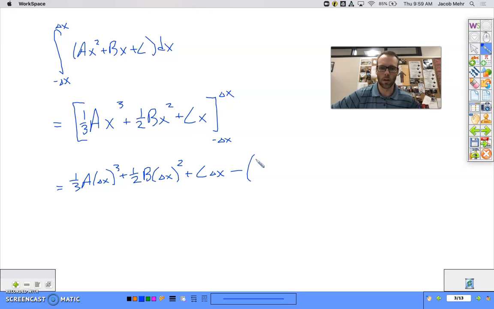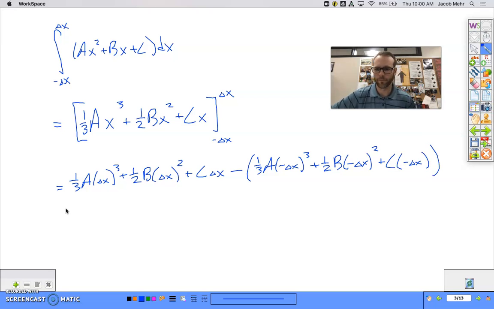Okay, so we're going to have 1/3 a(-Δx)³ + 1/2 b(-Δx)² + c times (-Δx). All right, so let's do some simplifying here.